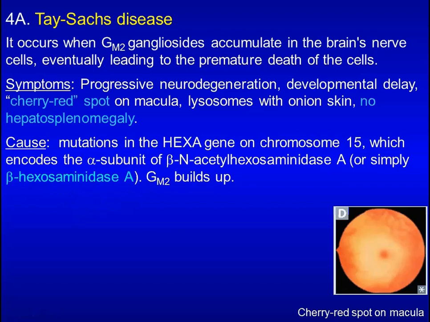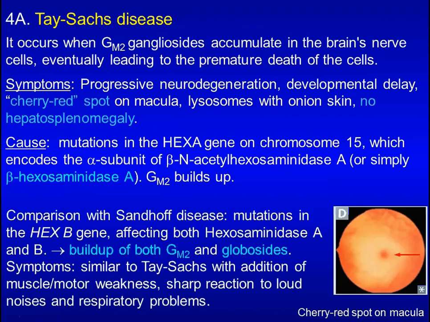Very important features include a cherry red spot on the macula. Here is a cherry red spot. Lysosomes with onion skin appearance. No hepatomegaly. In contrast, Sandhoff's disease is caused by mutation in the HEX-B gene.